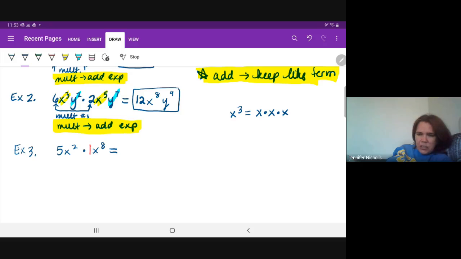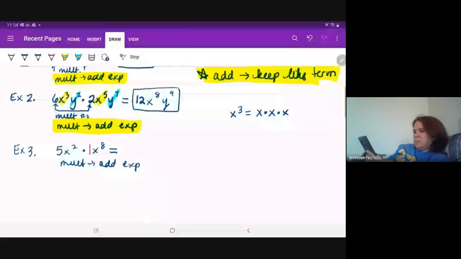Okay, so what do you feel like the answer would be for this one? We'll put multiply, add exponents. So what do you guys feel like that one is? So what do you think for this one?